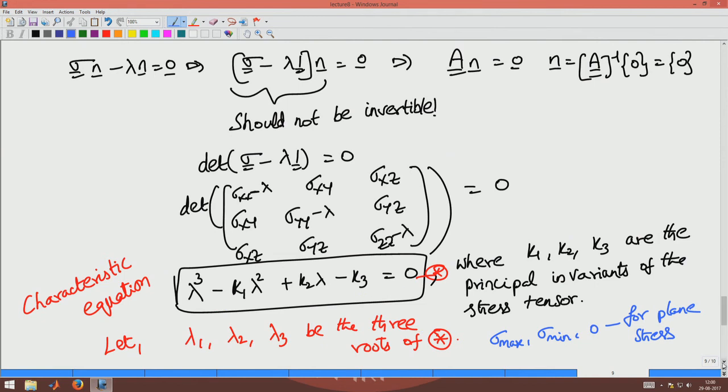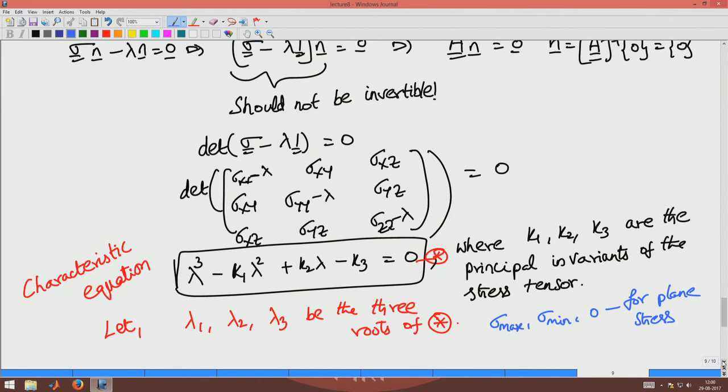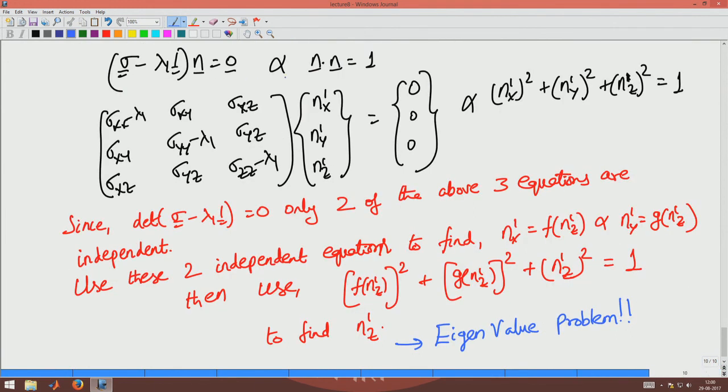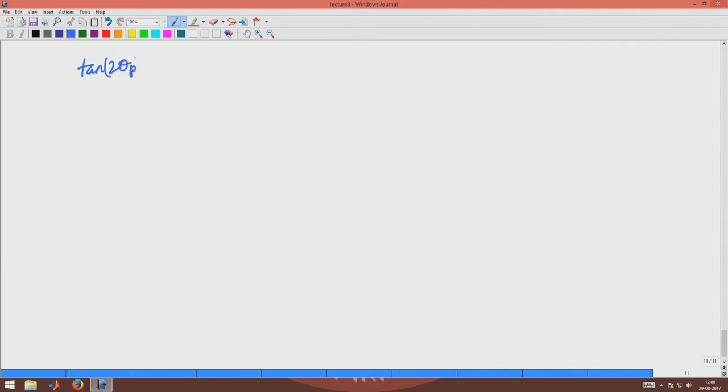Then the theta that you determine will determine what the normal is. For the principal stress, you found that tan of 2 theta p was 2 times sigma xy by sigma xx minus sigma yy. The normal that corresponds to this is cos theta p Ex plus sin theta p Ey.